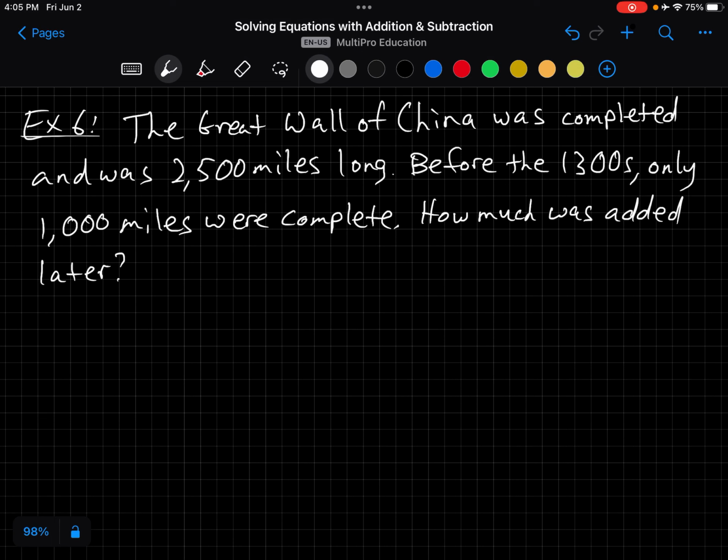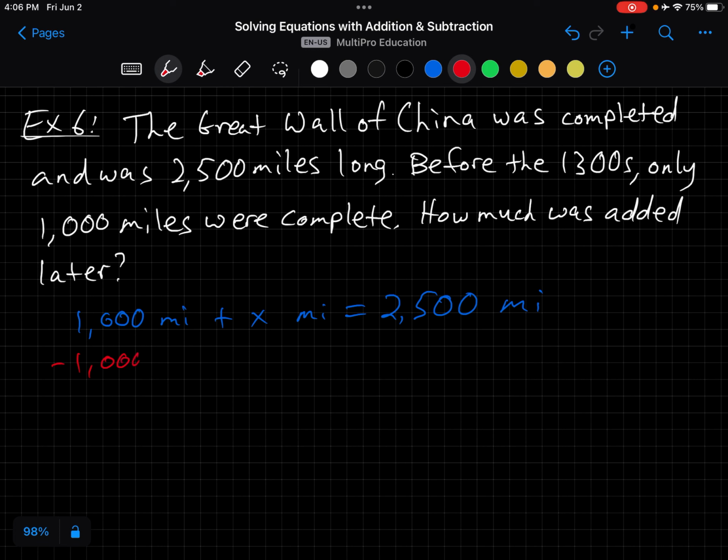1,000 miles was complete. So how much was added since then? Let's put this into an equation. Let's say that we have 1,000 miles plus x in miles. We don't know how many. And it totaled for a total of 2,500 miles.